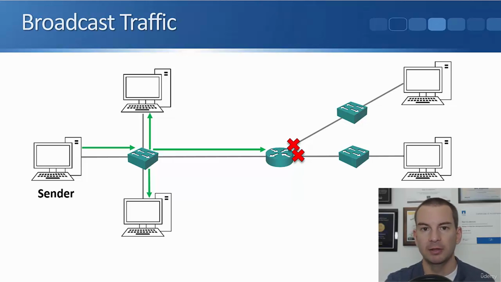This is a good thing because if you think about it, like with the internet, imagine if you sent out broadcast traffic and it got sent to everybody on the internet. Well, there's a lot of broadcast traffic, and that would really badly affect performance, and also we could say there's security concerns there as well. So broadcast traffic, one copy gets flooded everywhere throughout that particular part of the network.